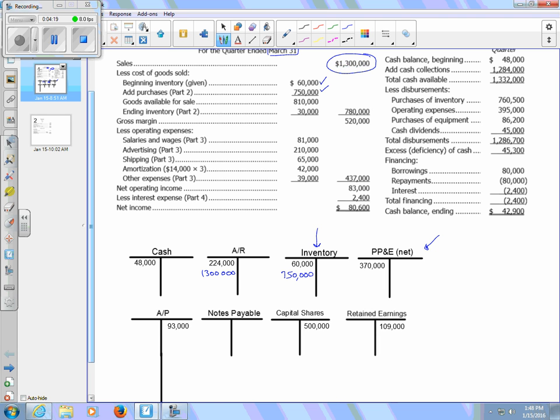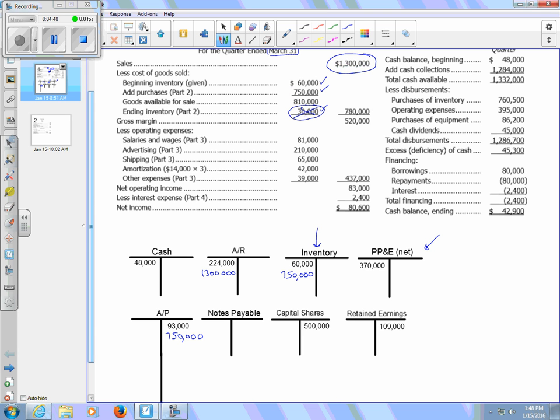But so does our accounts payable. So that's the only number that usually changes two accounts on this balance sheet. Then we've got the ending inventory number. We're going to calculate that in the inventory account, so we ignore that guy.